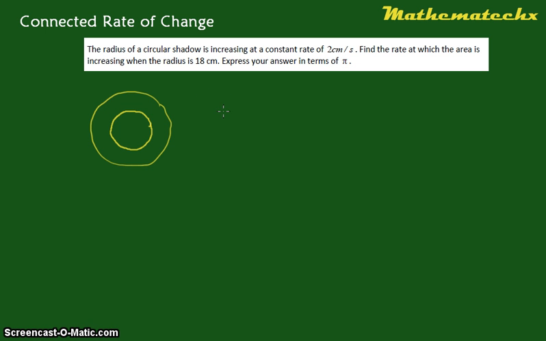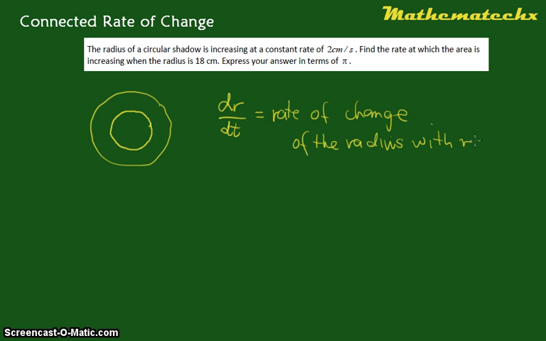So the rate of change of the radius with respect to time can be written as dr over dt. So this is the rate of change of the radius with respect to time.